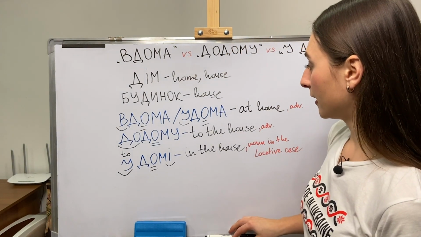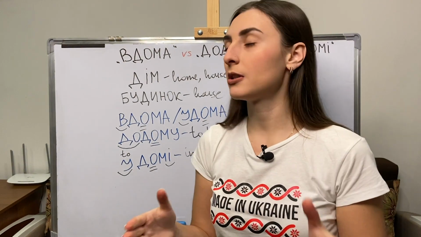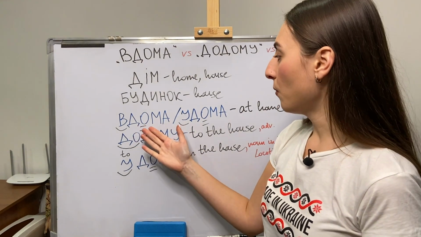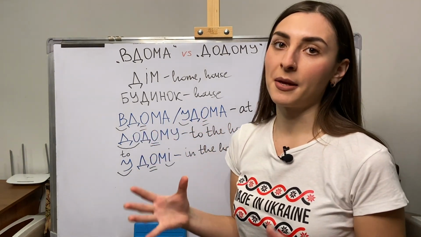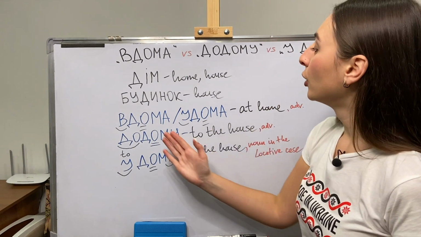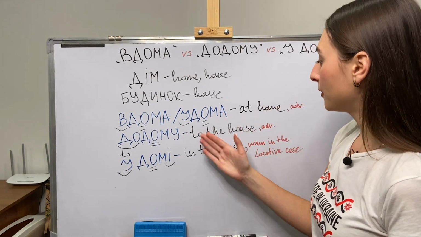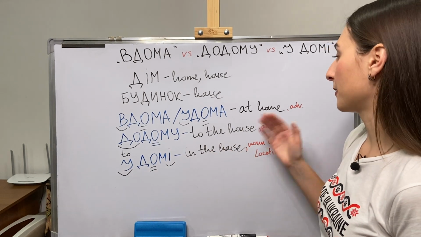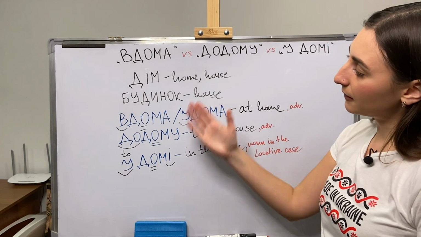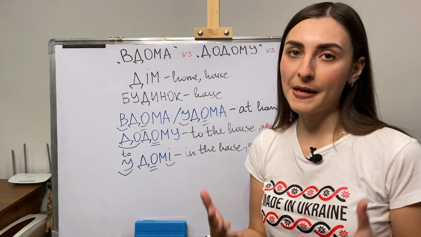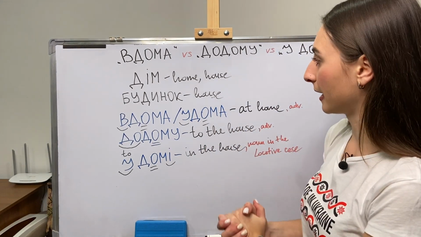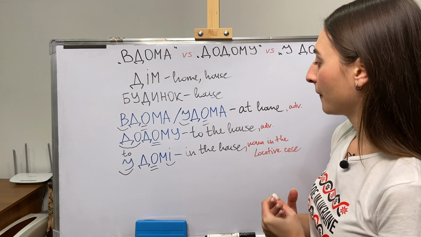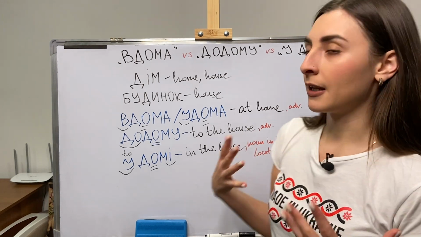Okay, guys, so let me read these words for you one more time. ВДОМА or у дома is the same word, that means at home. ДОДОМУ means to the house, direction, and у домі means in the house. So now you can see the difference between these three basic confusing words in Ukrainian language, and I explained you their origin, and now I hope it is clear for you.